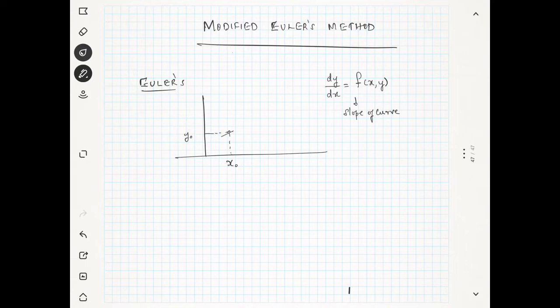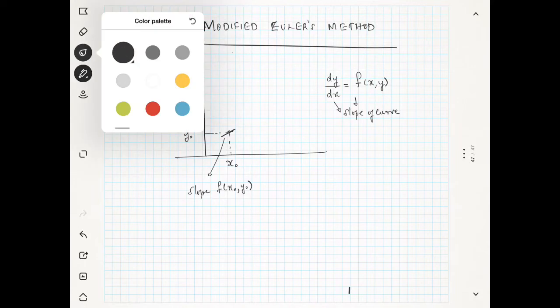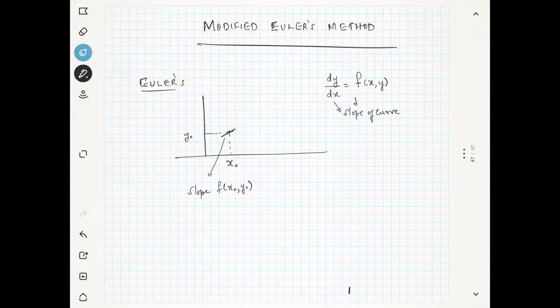So there is some curve which is passing through this point, and the slope of this curve is f of x naught y naught, because it is obtained directly from the differential equation. Now suppose this is our actual curve.